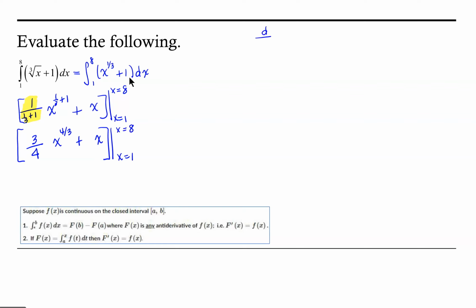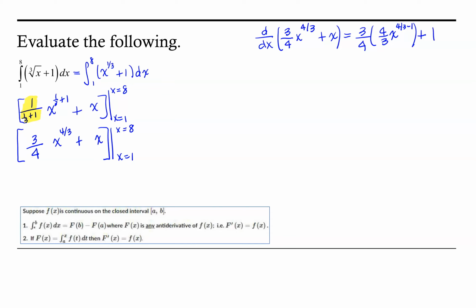Now we can check to make sure we've done this correctly by taking the derivative of 3/4 x to the 4/3 plus x, and that derivative is 3/4 times 4/3 x to the 4/3 minus 1 power plus the derivative of x being 1.